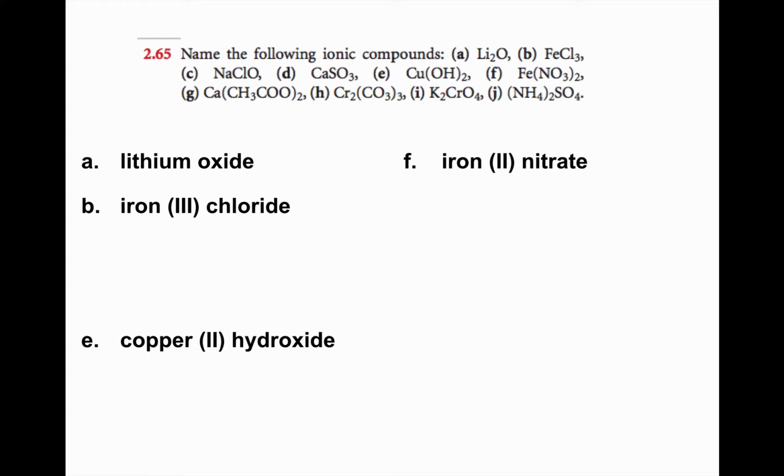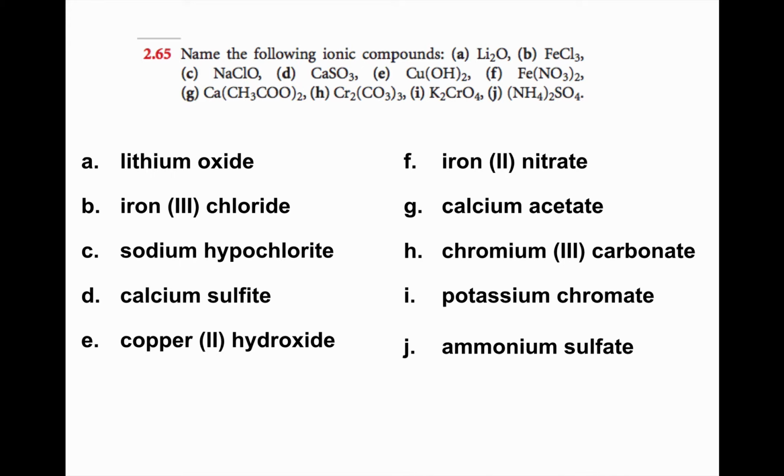So I would need 3 of these -2 carbonates to cancel out the 2 chromiums. So each of these chromiums must be the +3 variety. So chromium 3 carbonate. And then the rest, right? So gotta memorize the polyatomic ion names. Those are your clues as to what the charge is going to be on some transition metal.